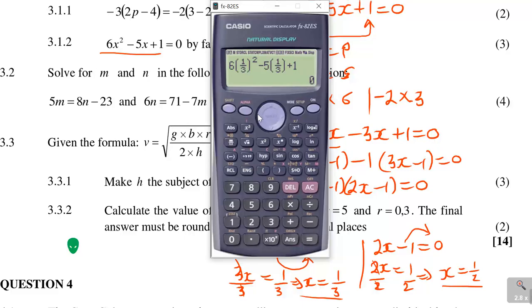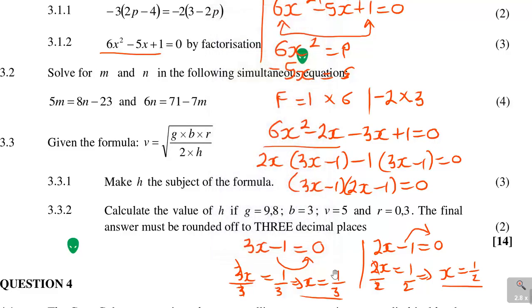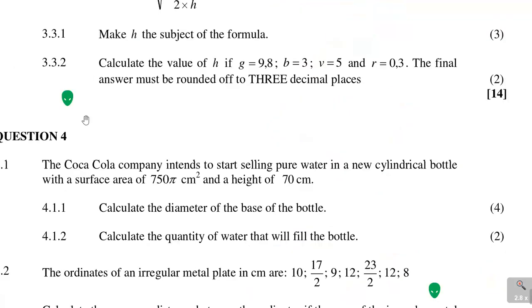There is the 0. Now, instead of 1 over 3, the other value was 1 over 2. So it must give me a 0. So you can see that both answers give me a 0, it means these two answers are correct. So here x is equal to 1 over 3, or x is equal to 1 over 2.